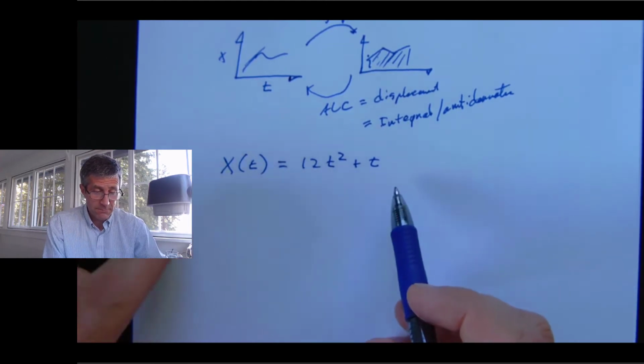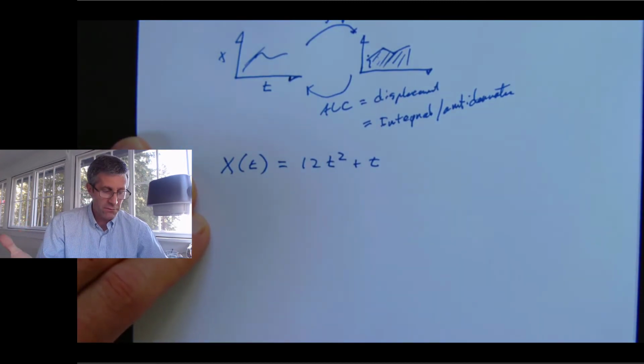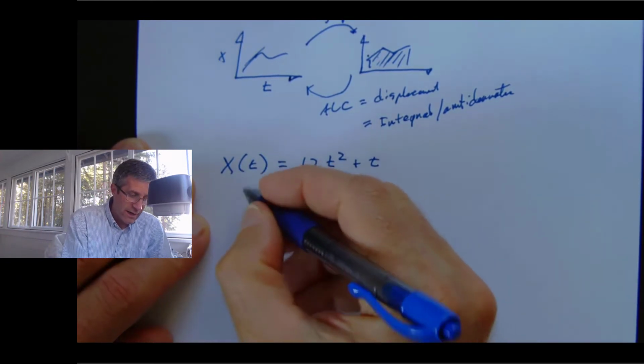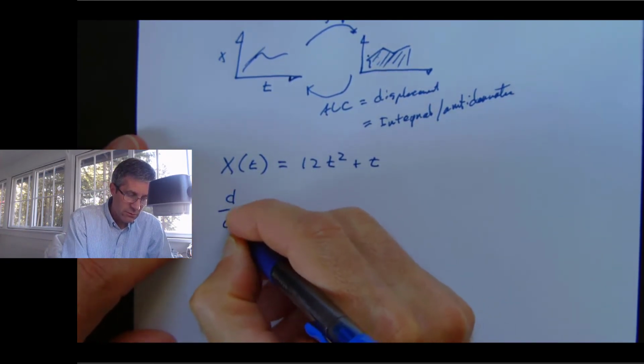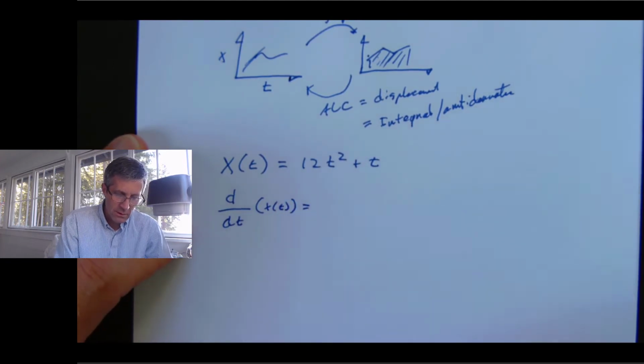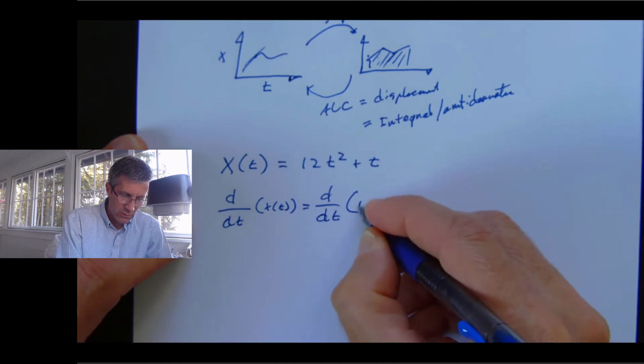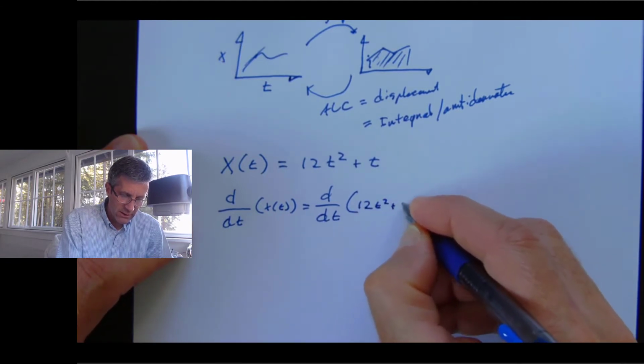So it tells me the position, which is changing with time at this regular rate. Let's figure out the velocity of this. To find velocity, I would take the derivative of this with respect to time, to see the rate of change at any time point.